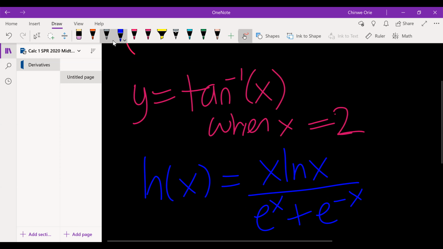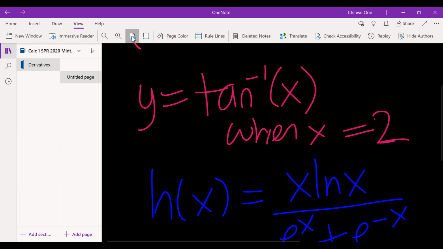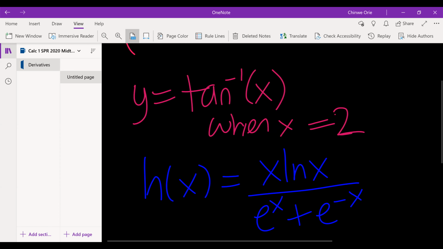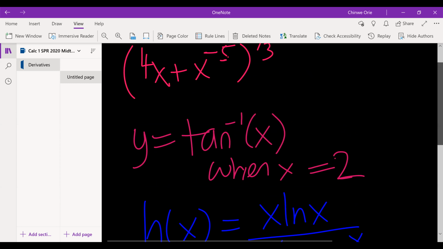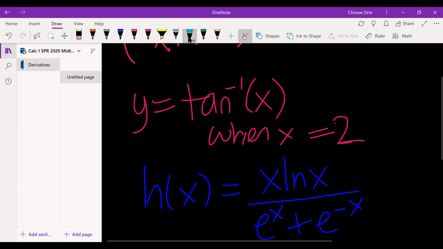Work on these. Let me make this more visible for y'all. These are the problems, and these two right here are from the practice exam. So try those out.